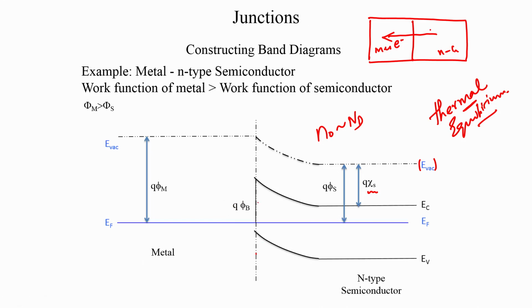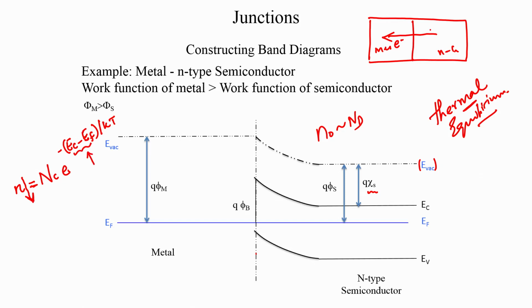If the semiconductor has lost electrons, it implies that the conduction band has moved away from the Fermi level position, because what is the electron concentration? It is Nc e to the power minus (Ec minus Ef) by kT. Now, as this electron concentration goes down, Ec minus Ef must increase.